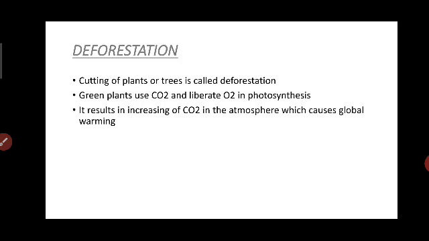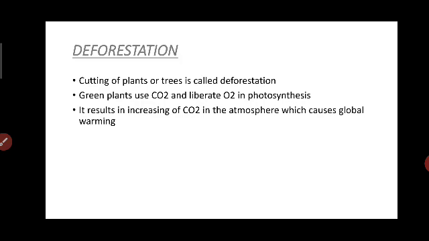In the photosynthesis process, they make glucose and fructose using sunlight and carbon dioxide, and release oxygen. Plants use the carbon dioxide released by human beings and animals, and that is stabilized by plants.